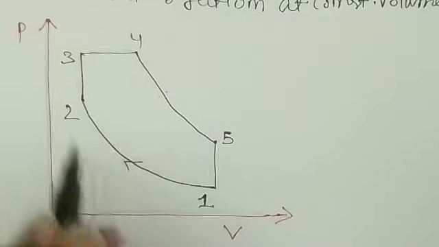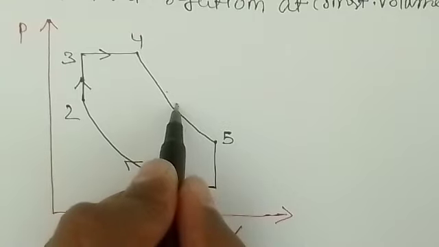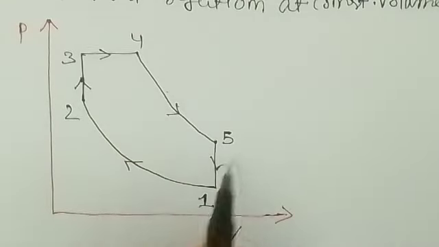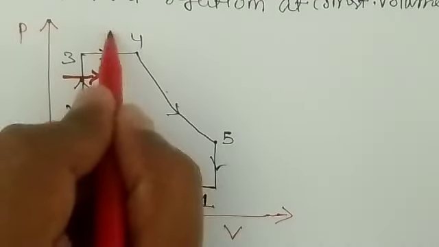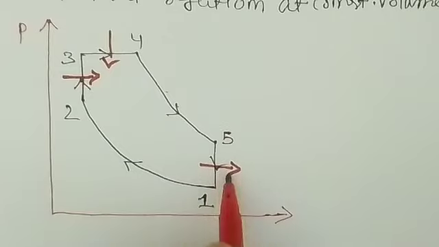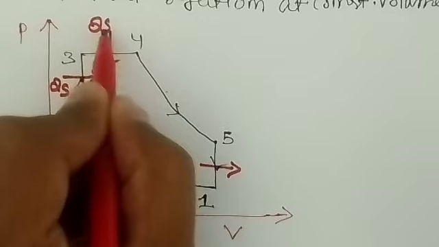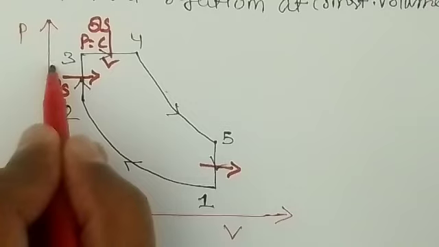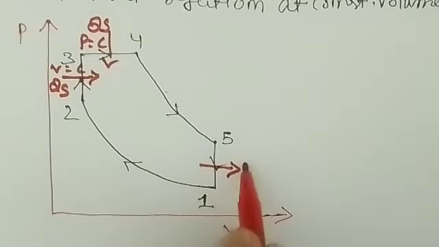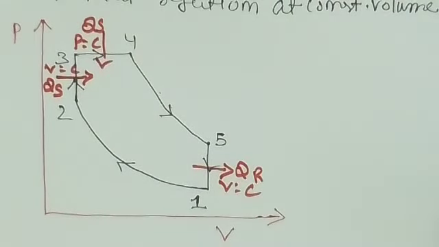So you are supplying the heat 2 times, this one as well as this one, and here you are rejecting the heat. This is your QS, that is heat supplied, and this is also QS. Here the pressure is constant and here the volume is constant, okay? And here you are rejecting the heat by keeping volume constant. So this is how you have a PV diagram for the dual cycle.